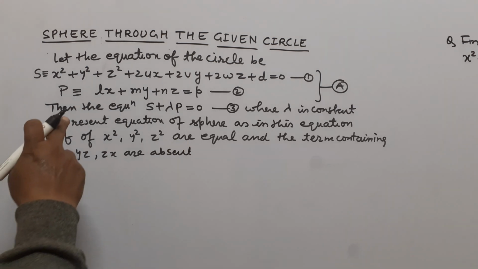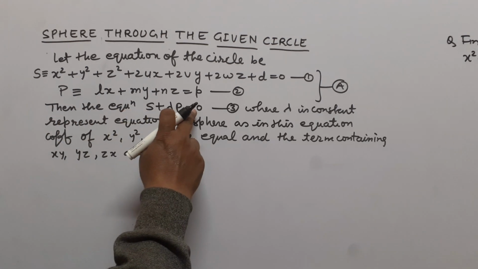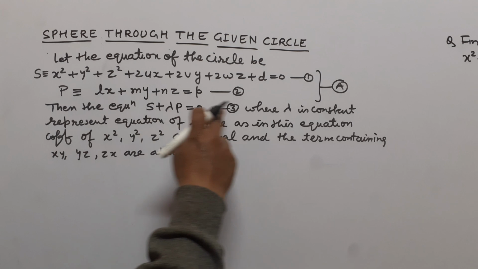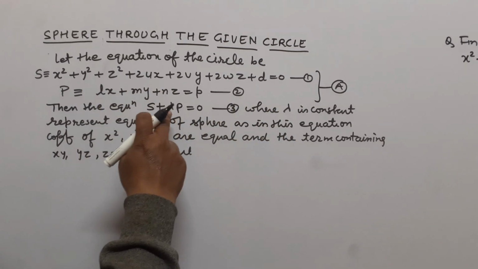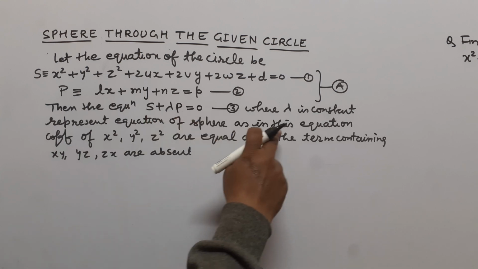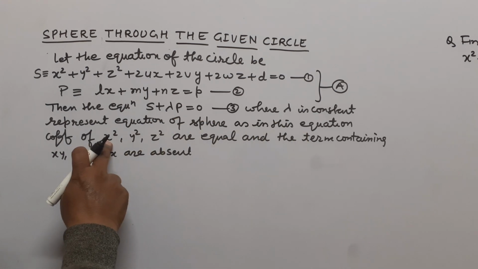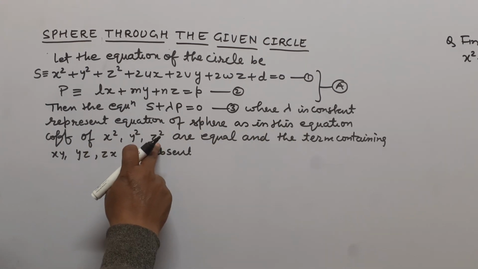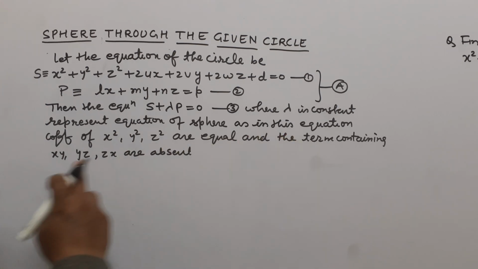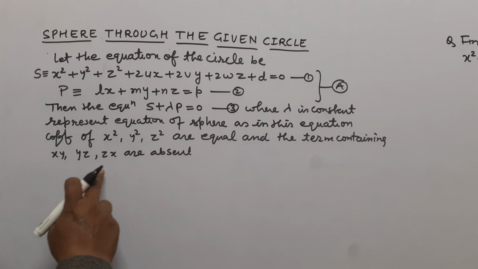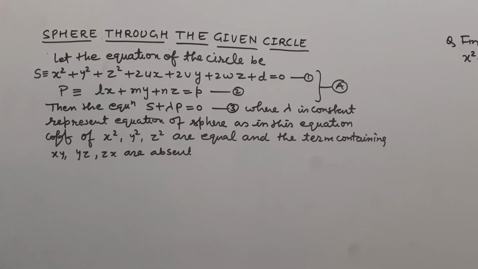Here the equation S plus lambda P is equal to 0, where lambda is a constant, represents the equation of a sphere, as the coefficients of x square, y square, z square are equal, and the terms containing xy, yz and zx are absent.